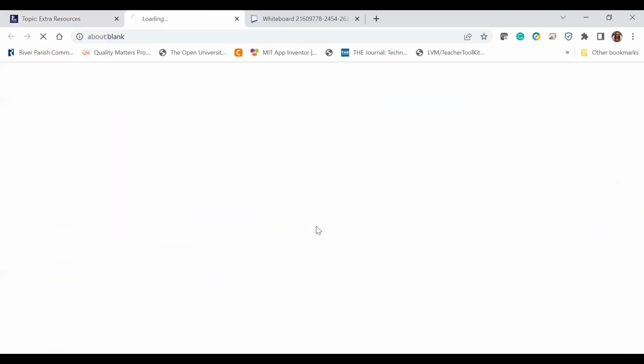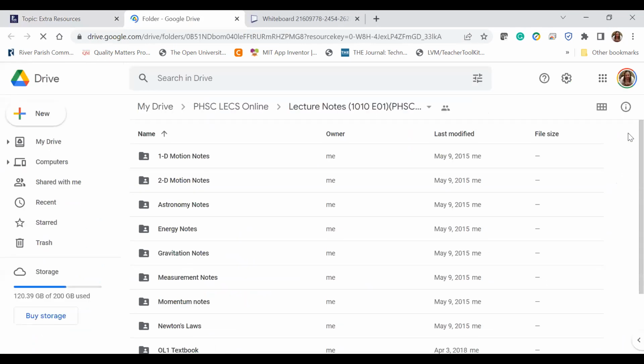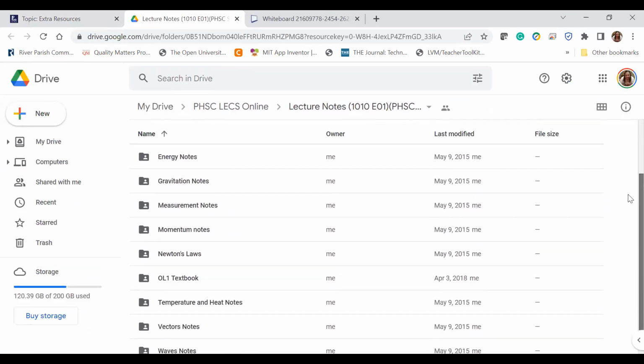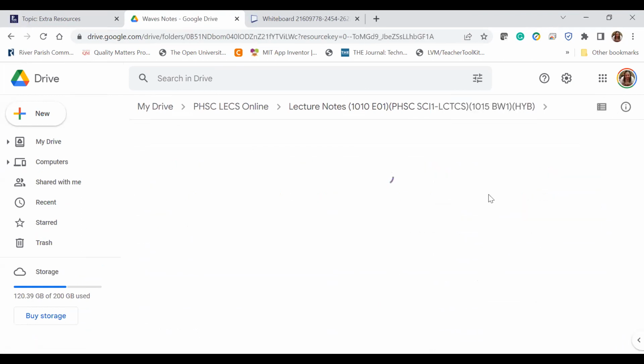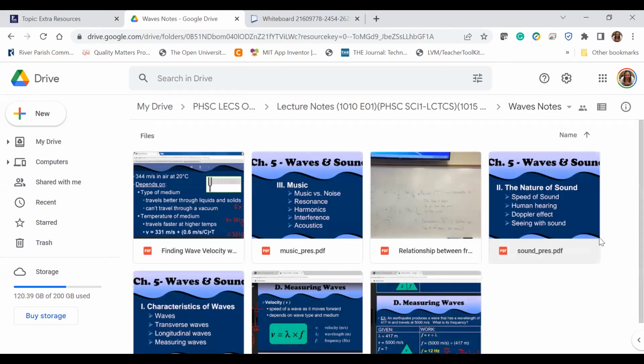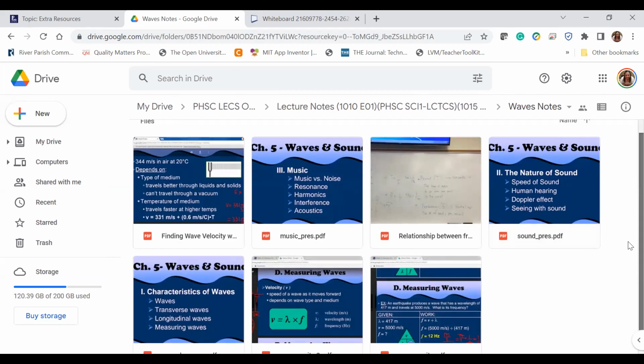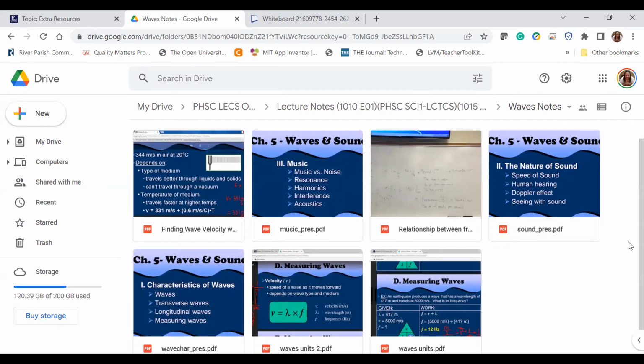And we click on that link. Remember, there's a folder for every topic. And here's a folder on waves. Now I'm going to go into this folder, but I'm not going to go into every one of these sets of slides. I'll just cover a few of them that can be of use to you, and you can use the remainder of them as you choose to, as reference or research or resource material.